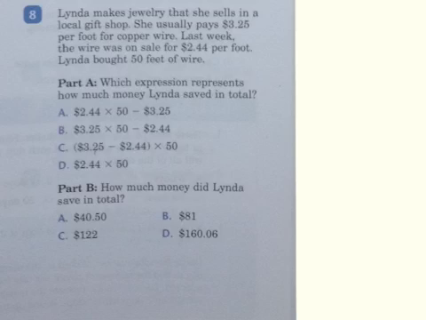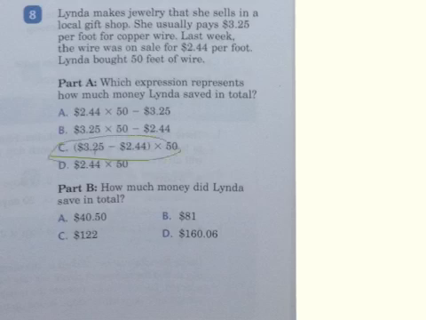First off, it's telling us to multiply 2.44 times 50. Well, that's not going to give us a total saved at all. 3.25 times 50, no. But C has parentheses, telling us to subtract to see how much money we saved and then multiply it times 50. So I'm going to say C has to be it.